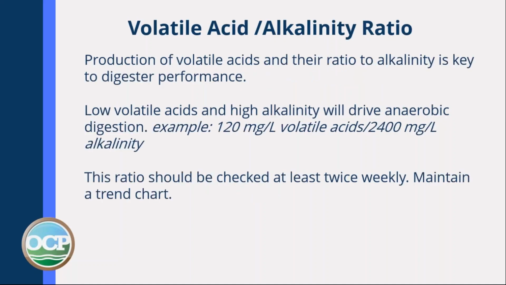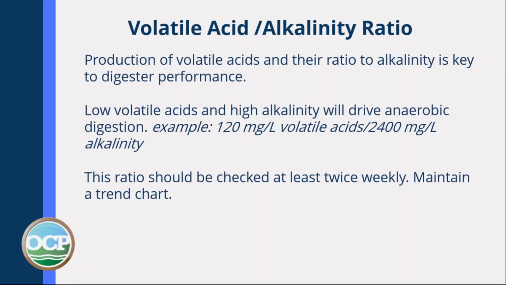The volatile acid to alkalinity ratio. The production of volatile acids by the acid fermenters and their ratio to alkalinity is key to digester performance. Low volatile acids in high alkalinity will drive anaerobic digestion.